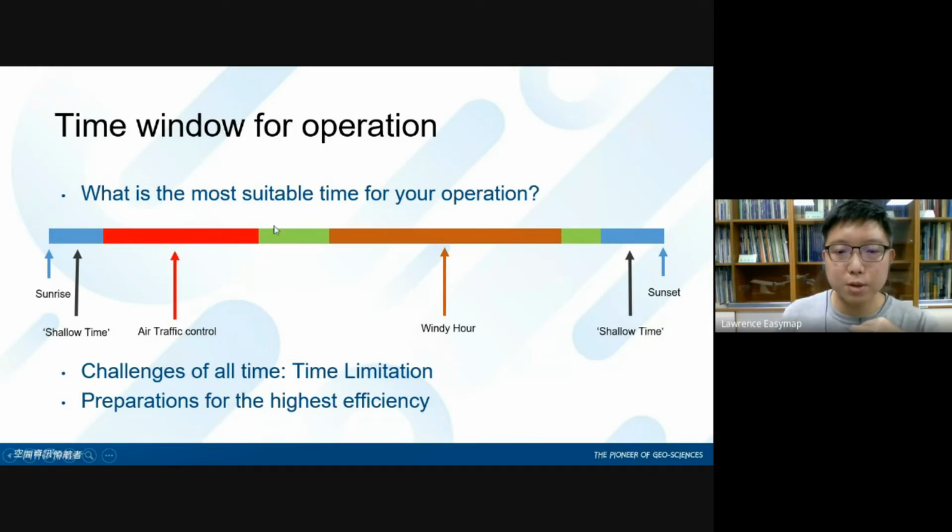So throughout the day, your time to operate the UAV may be very, very limited, just like the green area here. What does it mean? It means that the time is so restricted, and that's why you need to do your preparation more carefully to maximize your efficiency.